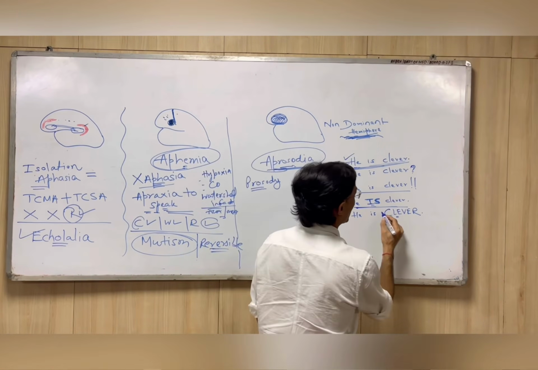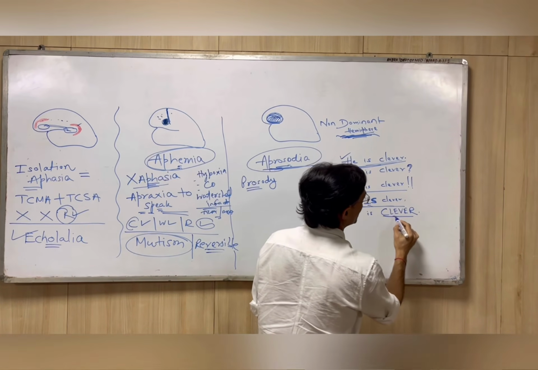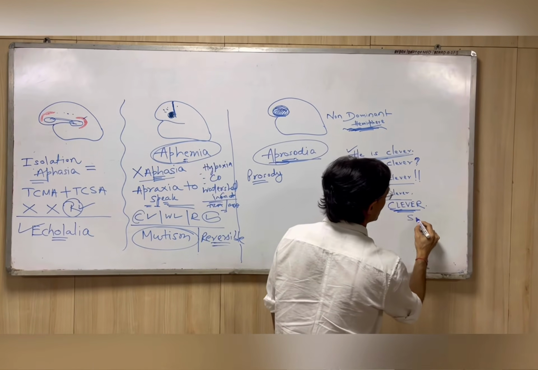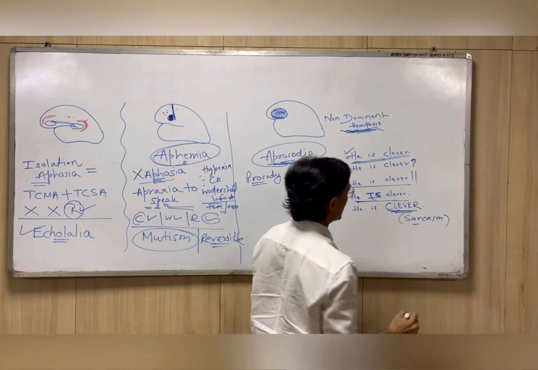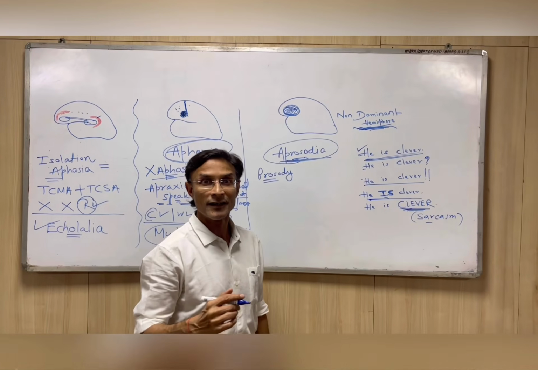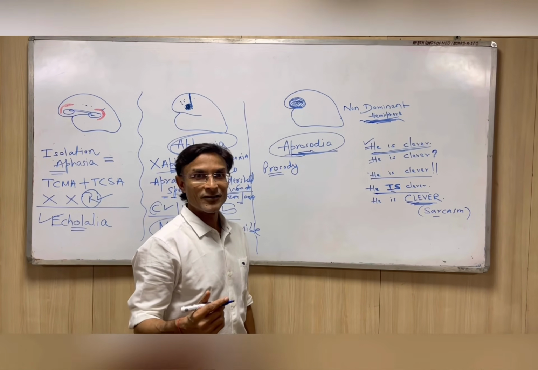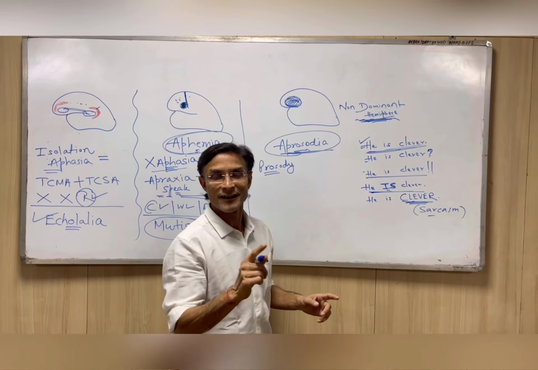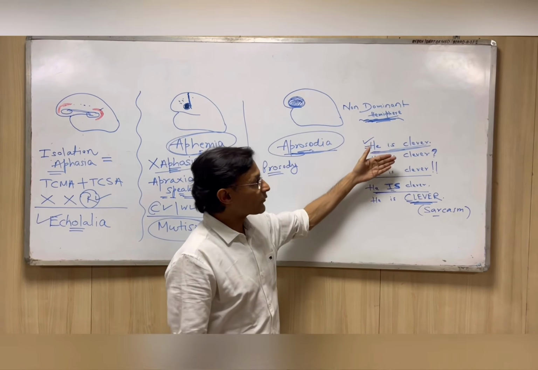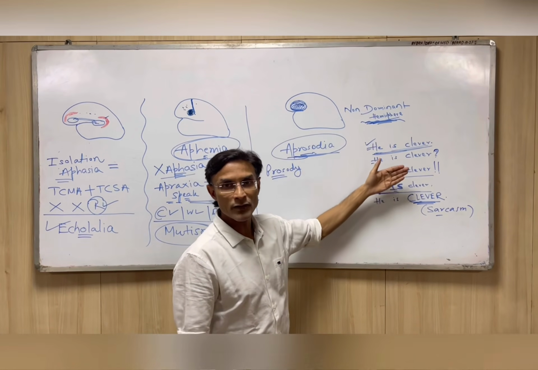Now, if I just change the intonation and clarity of this line, it can suggest sarcasm also. Like, he is clever. This is a type of sarcasm I am telling. So even to that extent, this is known as prosody.